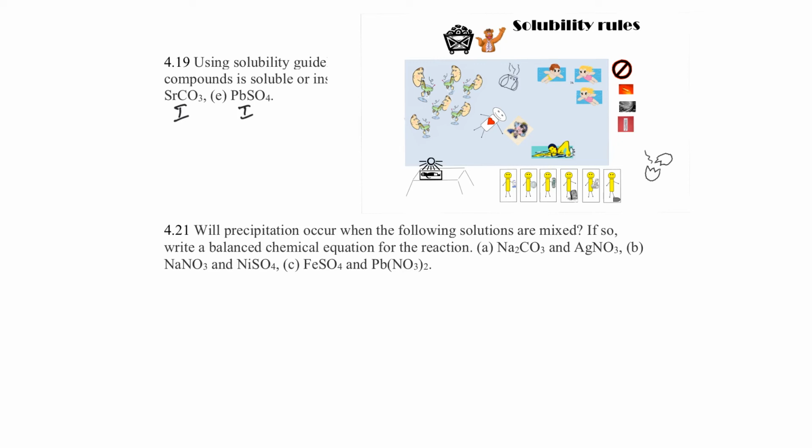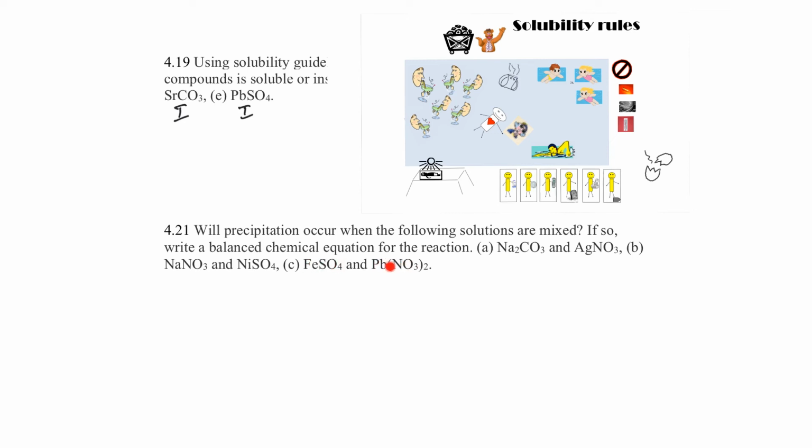We have iron sulfate. Sulfates are all soluble, and iron is not one of the exceptions, so it is soluble. Lead nitrate: all the nitrates are soluble, so both of these are soluble. Once they break apart, that's what soluble means, they dissolve. If they were to come back together, they would just break up again.